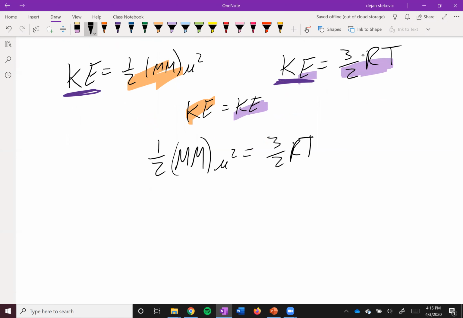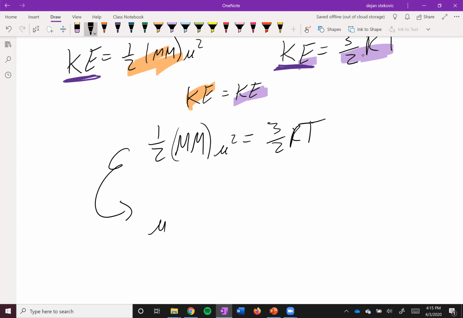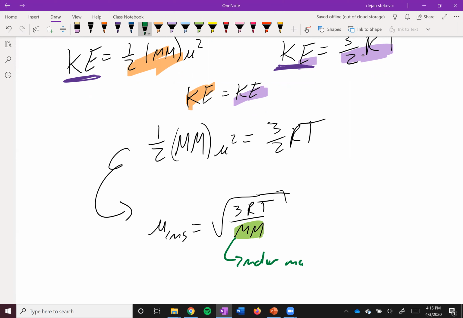If you reorganize this equation, you can solve for the root mean square average velocity. If you do all the algebra, you get 3RT over molar mass. This molar mass has to be in kilograms per mole, so it's different than what we've been doing before.